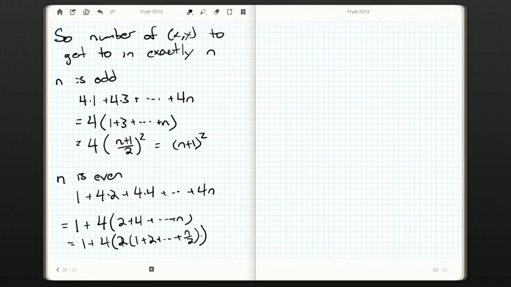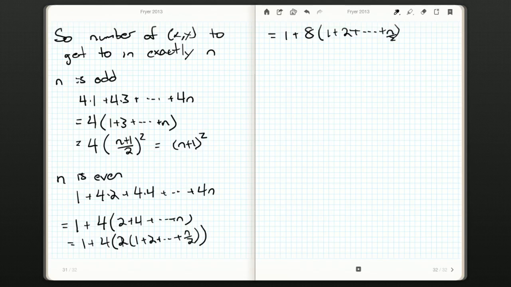Remember, n is even. So 1 plus 8 times 1 plus 2 plus all the way up to n divided by 2.